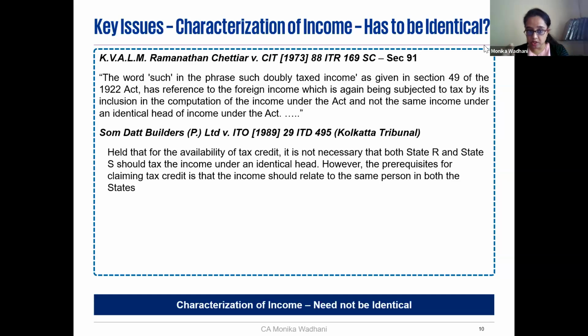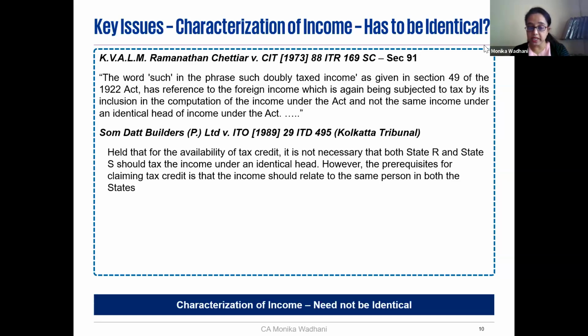Also, we have the Kolkata Tribunal ruling in the case of Somdat Builders, wherein it has been held that it is not necessary that both State R and State S should tax income under an identical head. However, the prerequisite for claiming FTC is that the income should relate to the same person in both states. So, even if income is offered to tax under a different head of income, FTC should still be eligible.